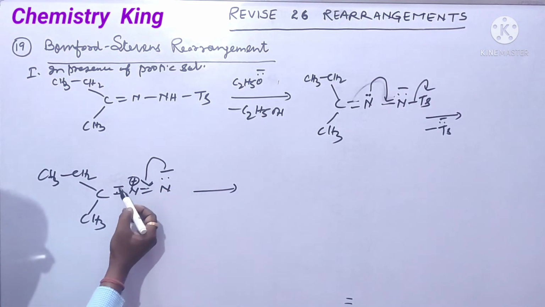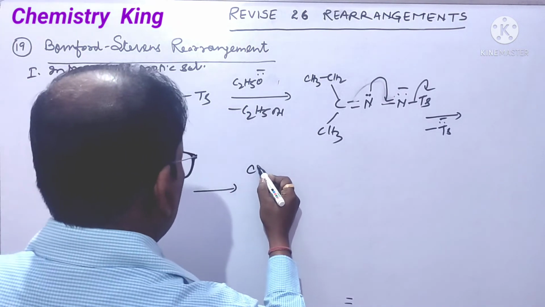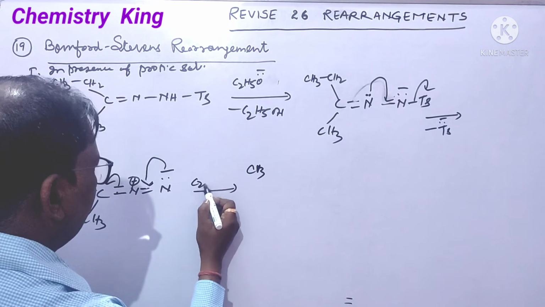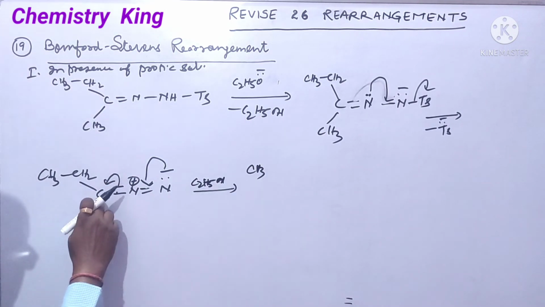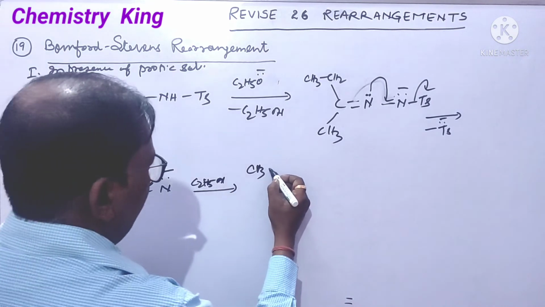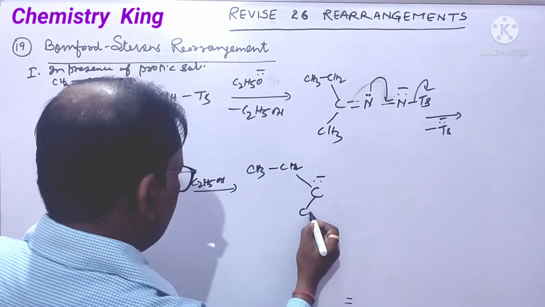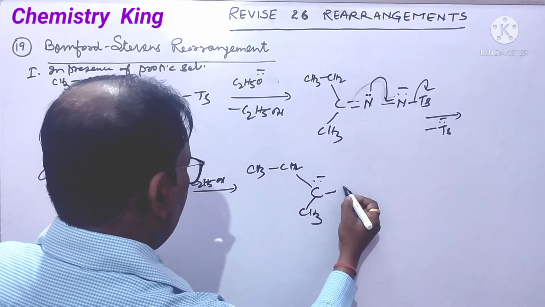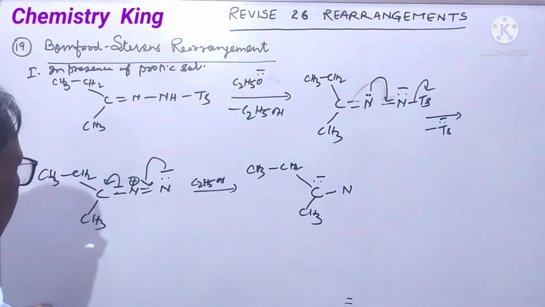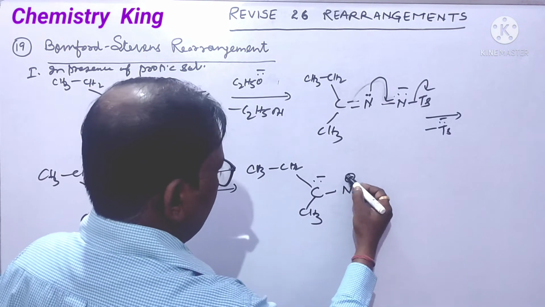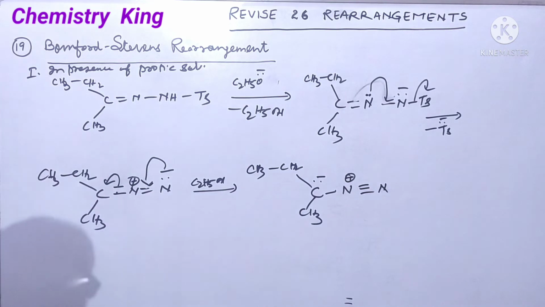When it will come here, CH3, and right here ethyl alcohol, this ethyl alcohol will give H plus to this carbanion. CH3, CH2, C minus, CH3, single bond N, positive charge and triple bond N. Okay.